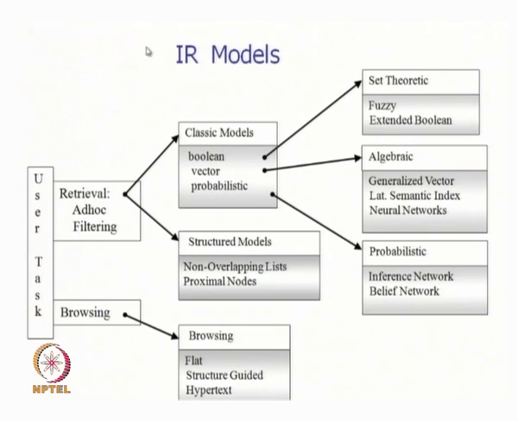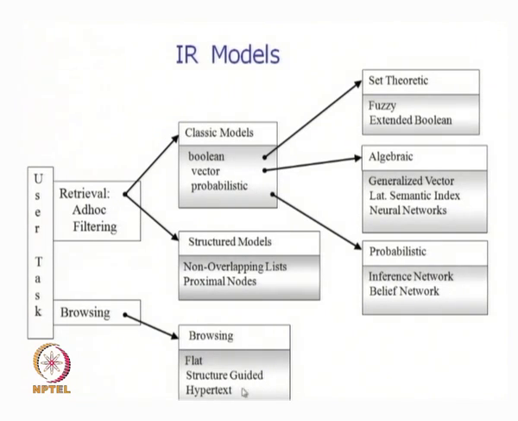Now, we come to a very deep and important point, namely the issue of information retrieval models, IR models. The user task is retrieval, which can be in terms of ad hoc filtering, or the user task is to do browsing. When browsing happens, there is a flat file system, structure guided file system, or hypertext.